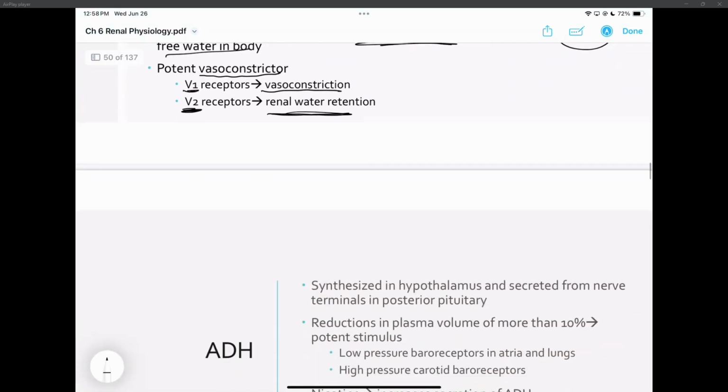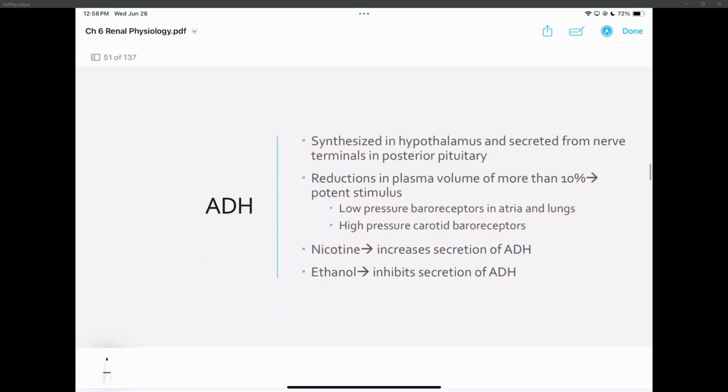Now, how does it come out? What are the causes? So, synthesized in the hypothalamus, nerve terminals in the posterior pituitary. There's two sides to the pituitary gland, anterior, posterior. There's only two posterior hormones, but they're both neurally mediated, meaning a neural response will get those hormones secreted fast. What's the other one from the posterior pituitary?